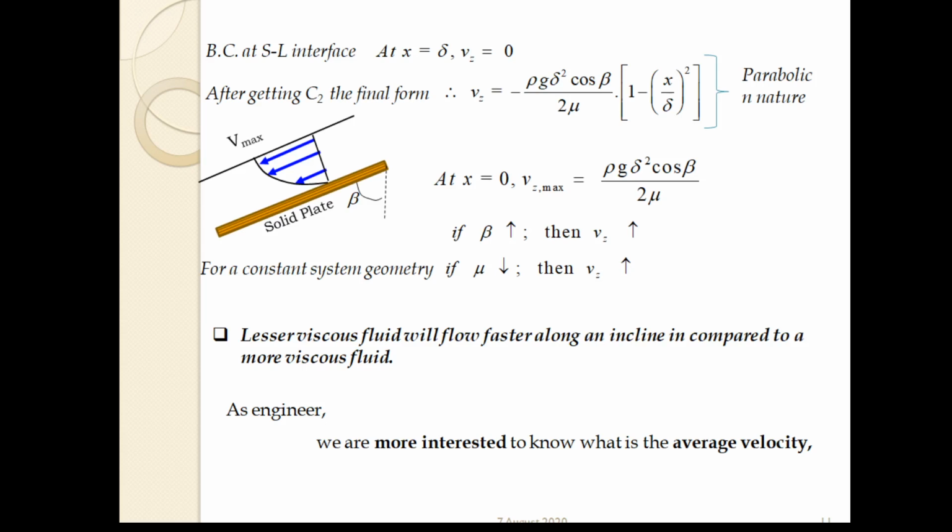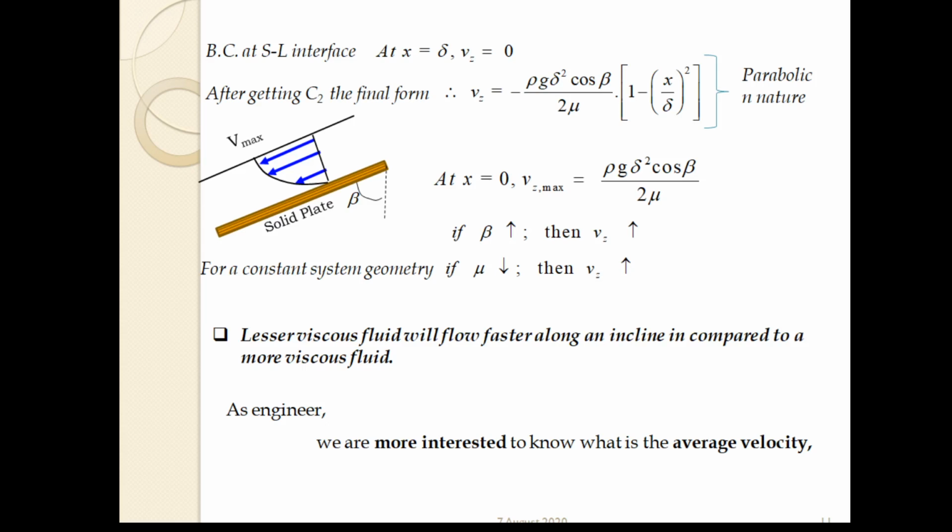By making this double integration we will find that vz, the average velocity, equals 1 upon delta, integration from 0 to delta of vz dx. So the average velocity will be rho g delta square cos beta upon 3 mu.